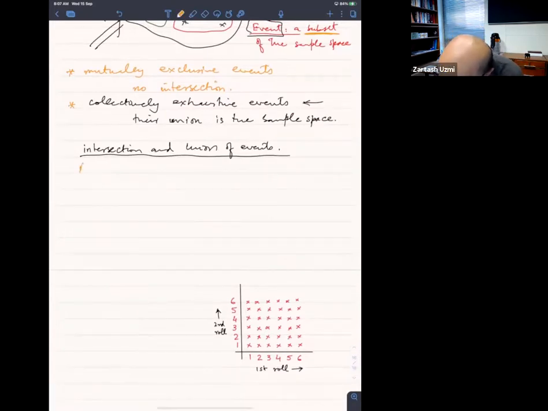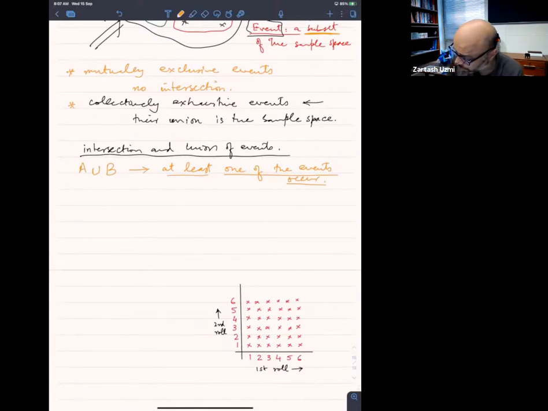If you have two events A and B, their union tells you that at least one of the events occurs. So either A occurs or B occurs or both of them occur. And A intersection B would be indicative of an event that both A and B occur.